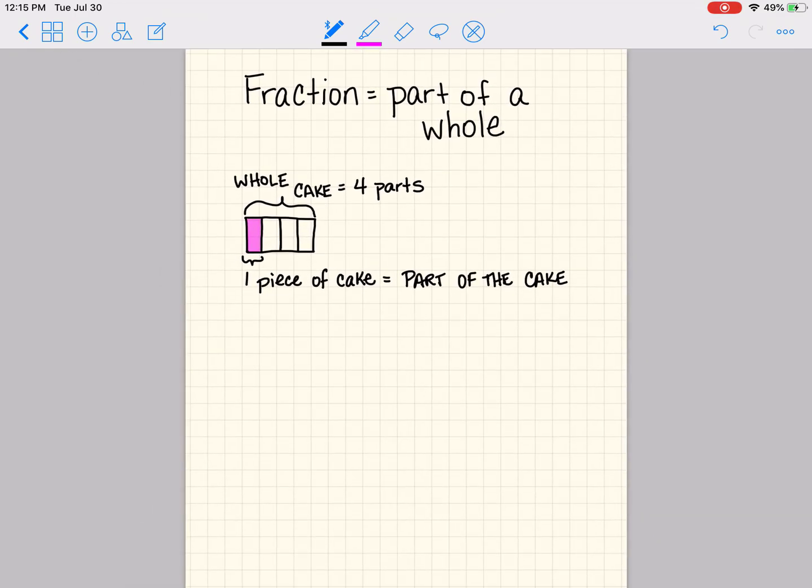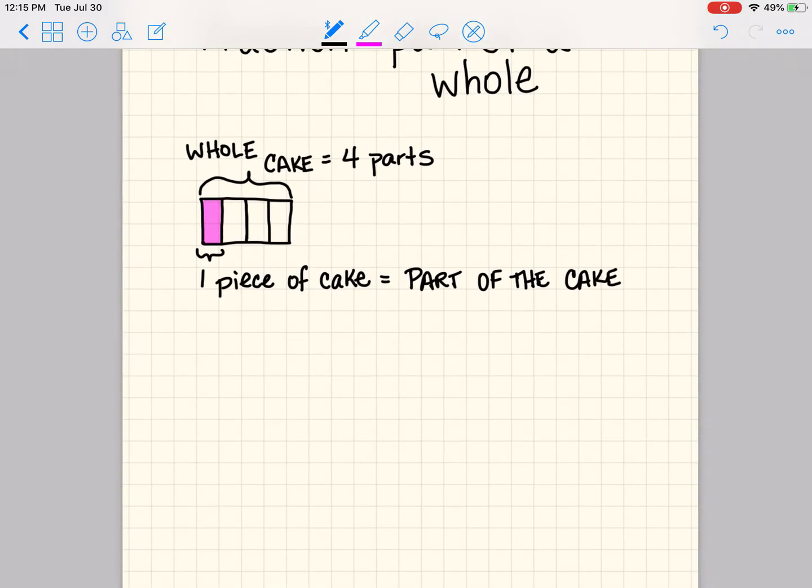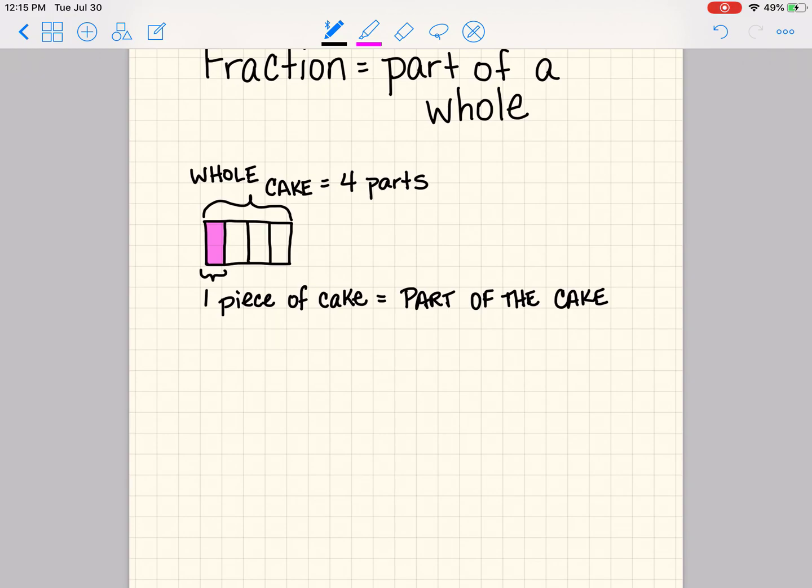So in this case, a fraction is written as part of the whole over how many pieces make up the whole. Okay?